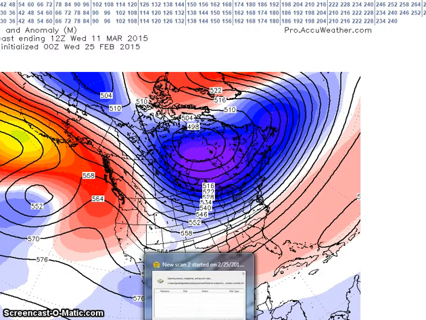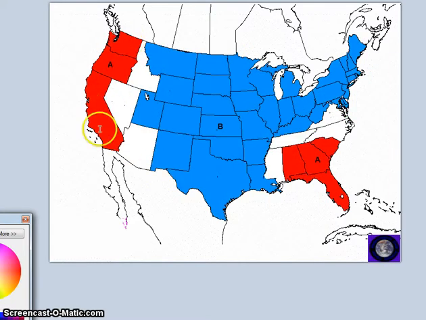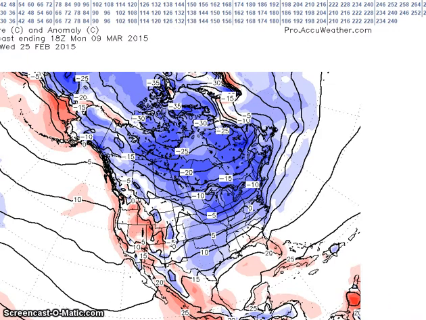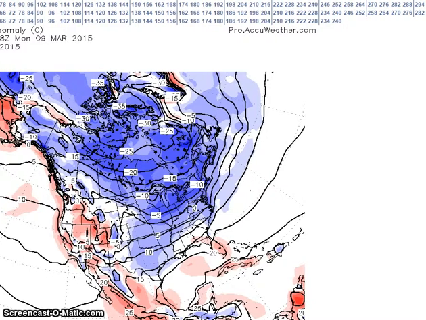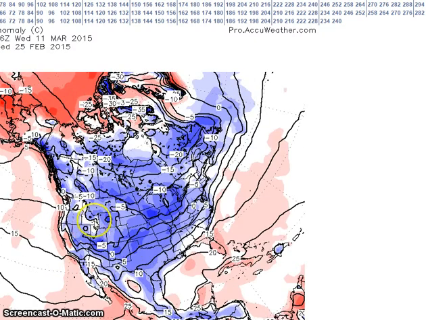So during this forecast period, I am forecasting above normal temperatures for the west coast and the southeast, below normal temperatures here, and the temperature anomalies during this forecast period, forecasting temperatures about 10 to 15 degrees above normal and about 10 degrees below normal across much of the nation.